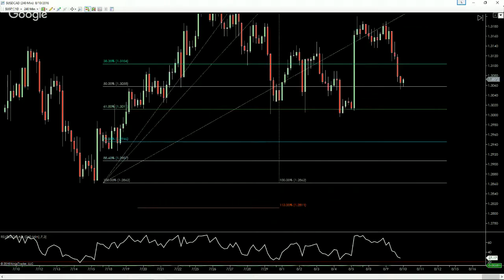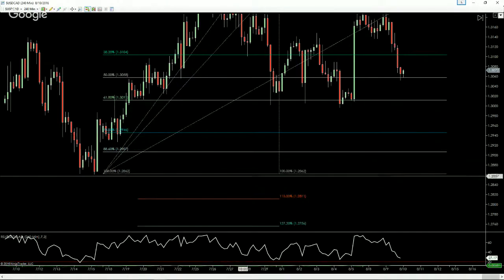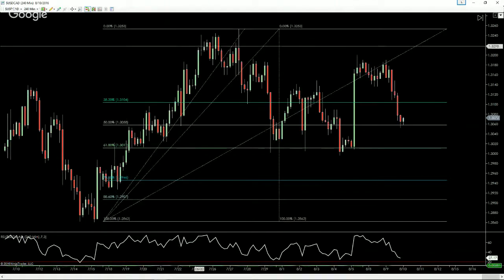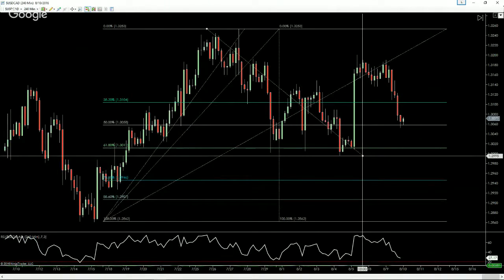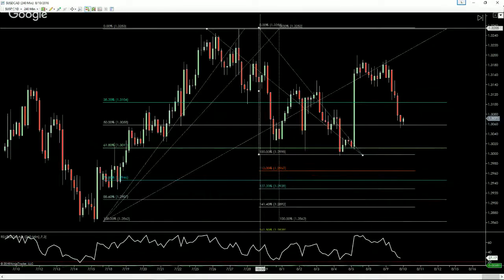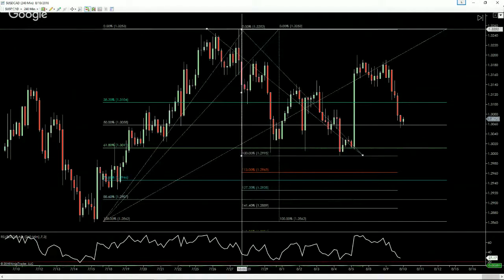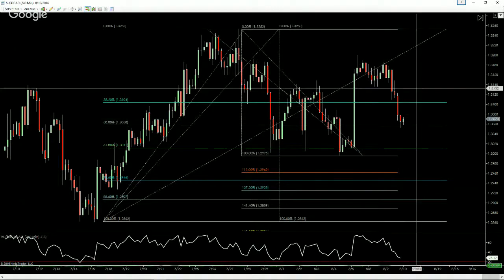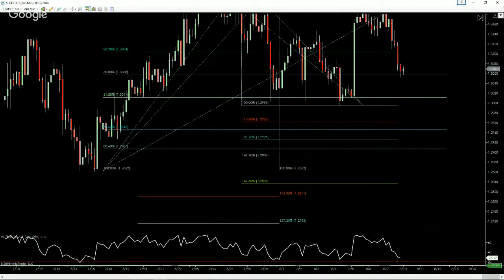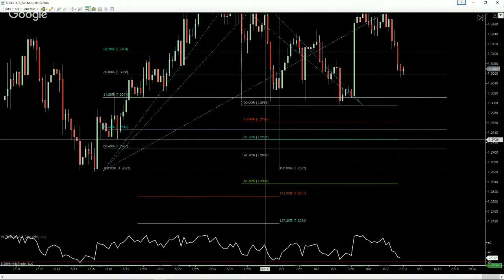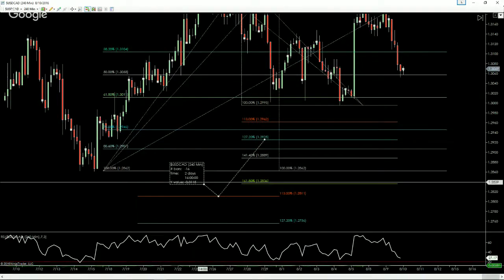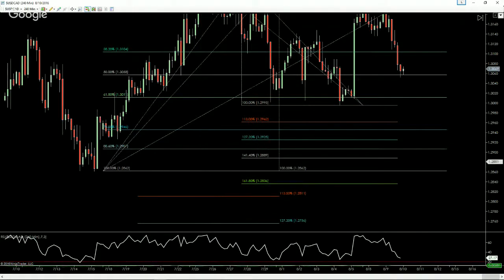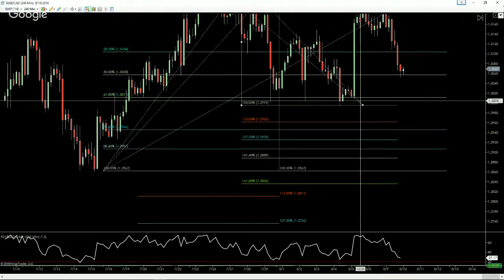Since this is a bigger pattern, this could be a bigger risk, about 115 pips of risk for that pattern.